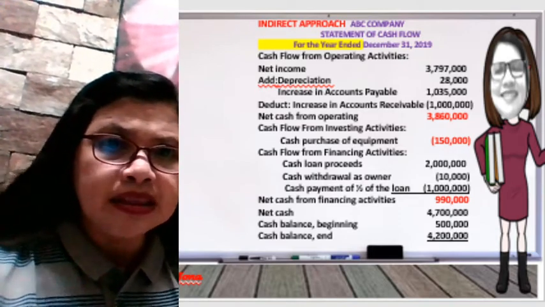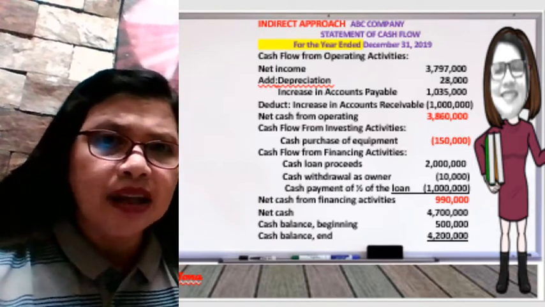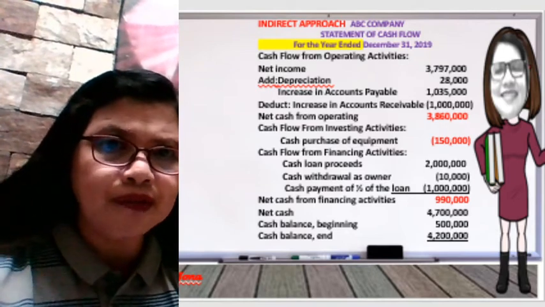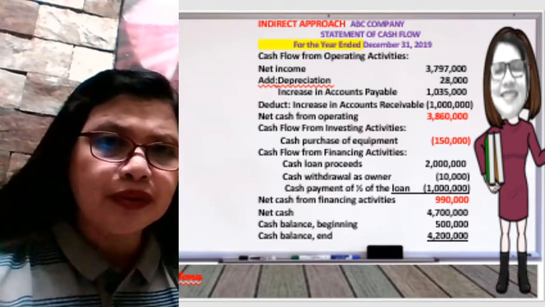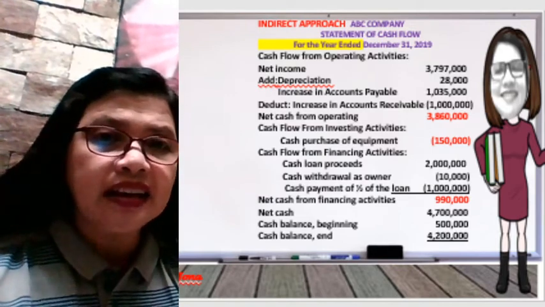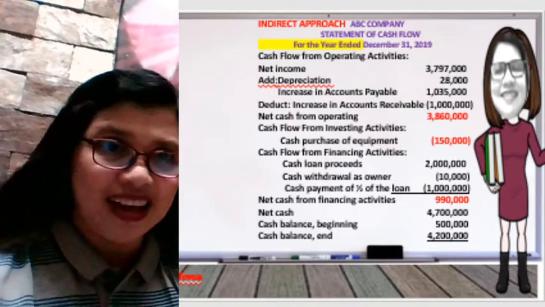So the net cash from operating of 3,860, plus the net cash from investing of negative 150, and the net cash from financing of 990 will give us a net increase of cash of 4,700,000.